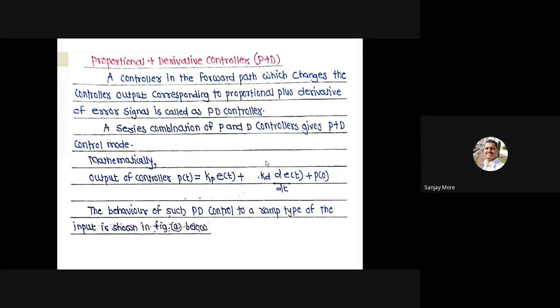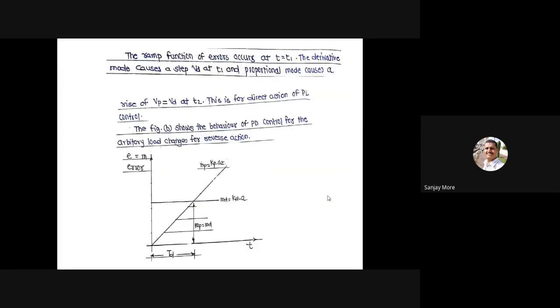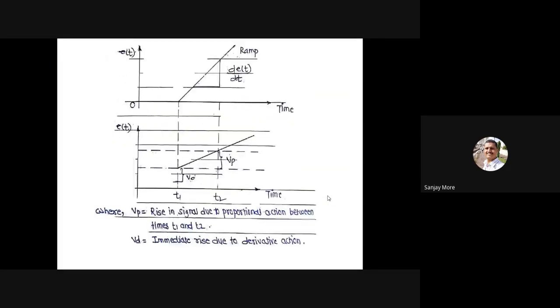A series combination of P and D controller gives P plus D control mode. Mathematically, here is the combination of two outputs. The first one is the proportional output and the second one is the derivative control output. Then the behavior of such PD control to a ramp type of input is shown in the figure. Okay.